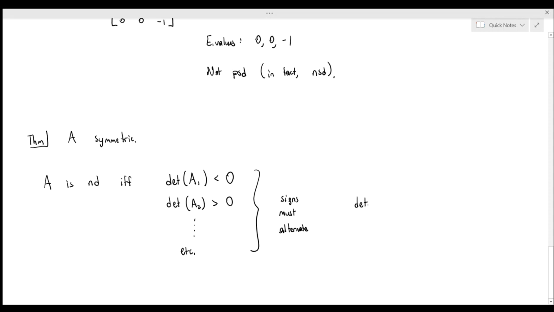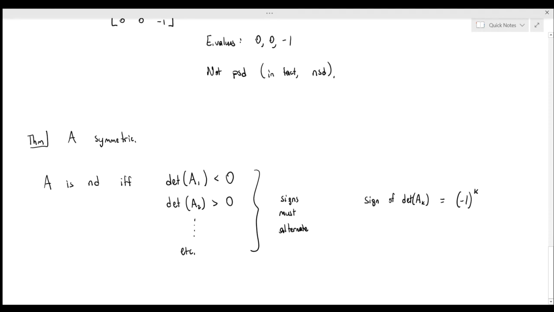And then one way you can phrase it is to say that the sign of these determinants must be equal to (-1)^k. So when k is odd, it has to be negative, and when k is even, it has to be positive.